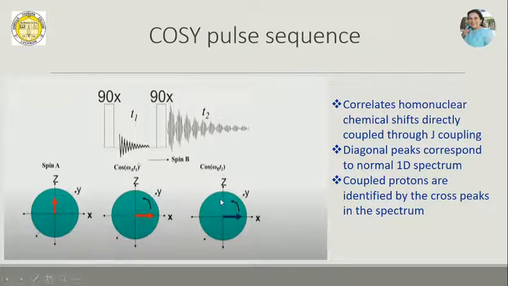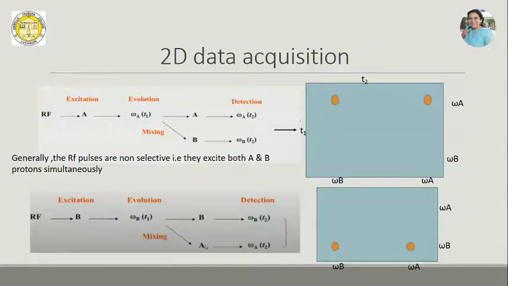When that is applied, again it is tilted towards the xy plane. But here, magnetization transfer has happened from spin A to spin B, like we had seen in the last slide. Now let us see how a 2D data acquisition occurs.